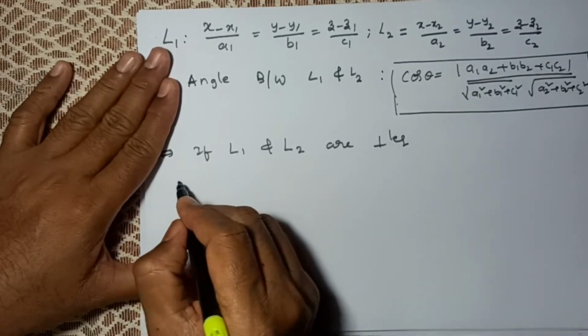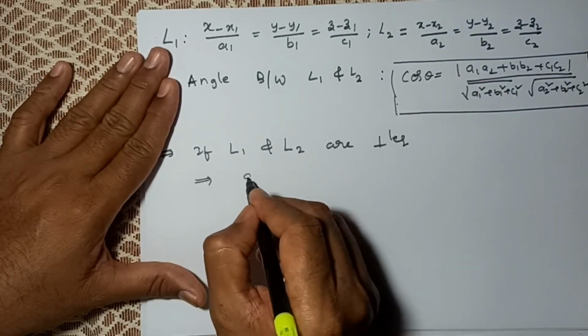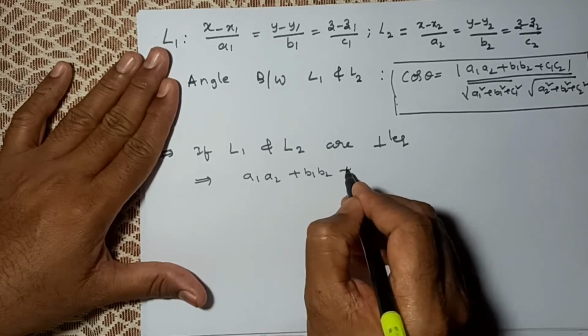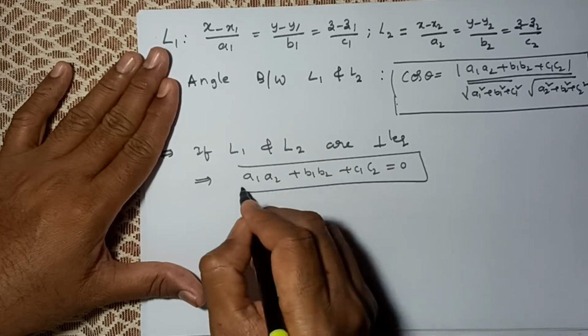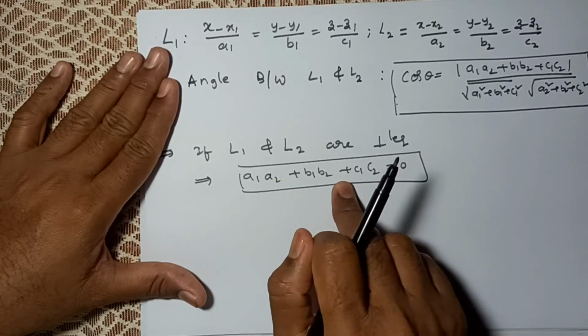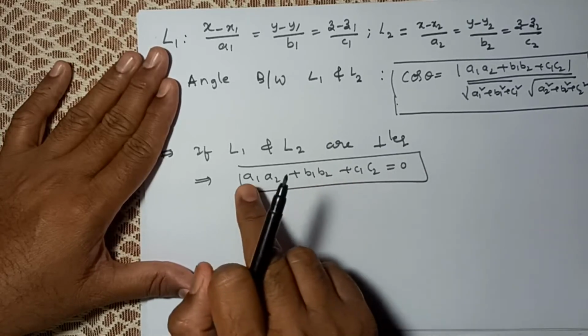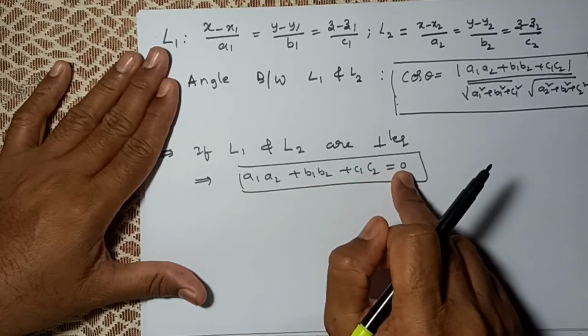So that means we can observe the condition as A1 A2 plus B1 B2 plus C1 C2 is equal to 0. So this is the condition for two lines to be perpendicular. Two lines are perpendicular condition is A1 A2 plus B1 B2 plus C1 C2 is equal to 0.